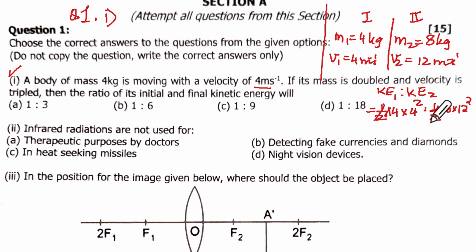So half and half got cancelled, 4 ones and 4 twos. That will give us 4 into 4 is to here 2 into 12 into 12. So 4 goes 3 times, this 4 goes 3 times, and I am getting 3 3s 9 2s 18. 1 is to 18 I'm getting. Initial to final, that is KE1 to KE2. So what is your answer?